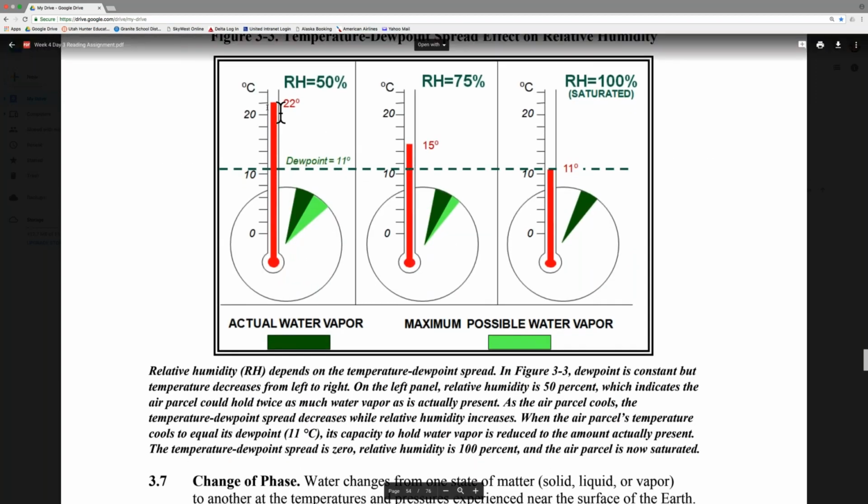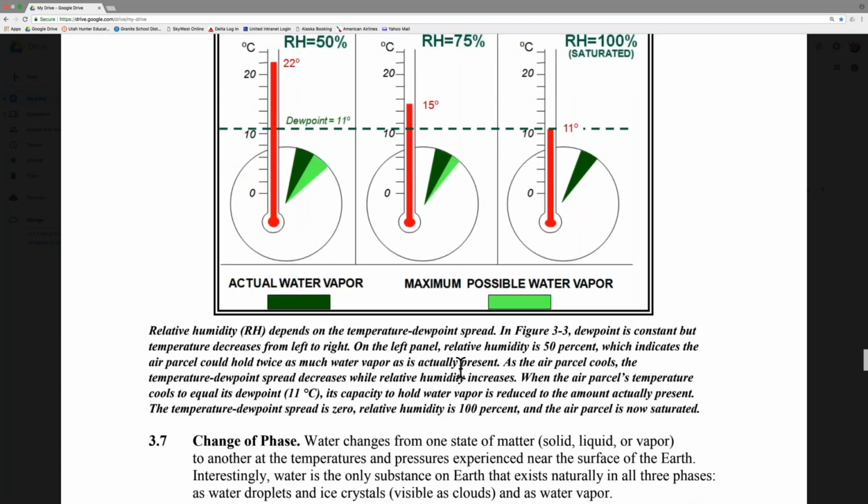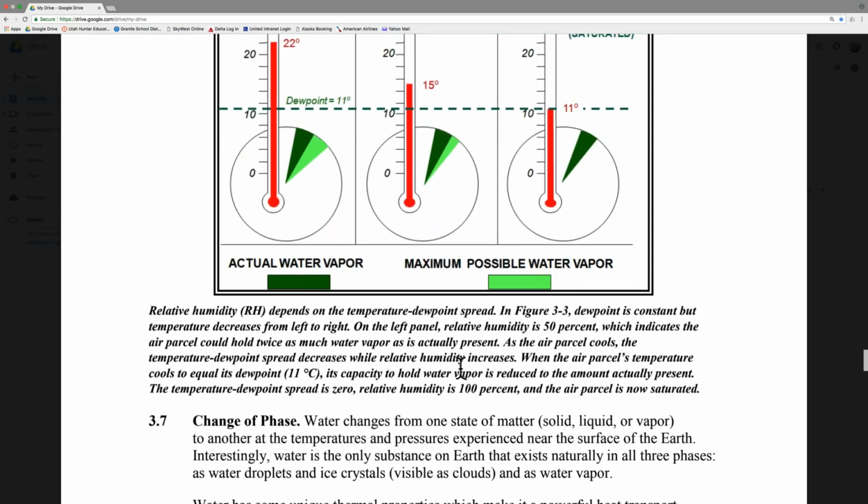So same kind of thing, right? Where the temperature difference is the only thing that's actually varying our saturation level.